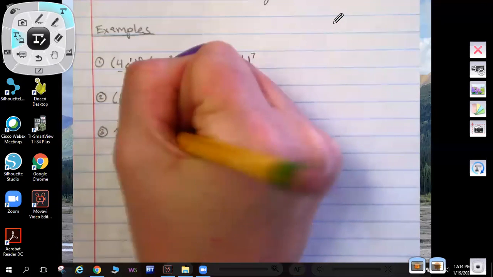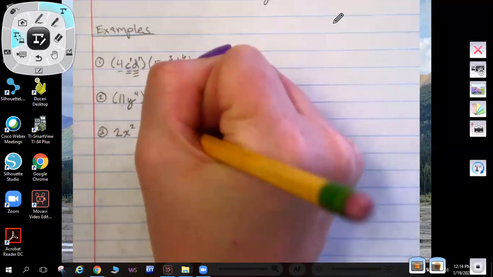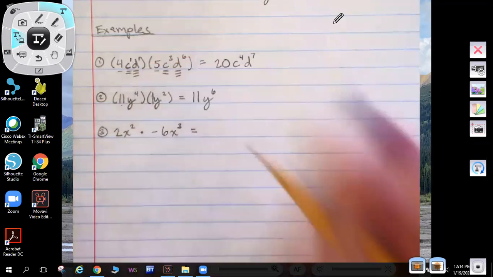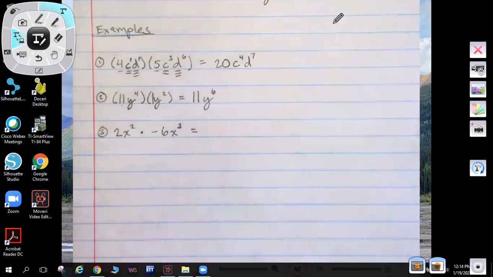I'm going to write this one just with a multiplication symbol rather than with parentheses. It's worked the exact same way. I just wanted to show you it can be written either way. 2x squared times negative 6x cubed.